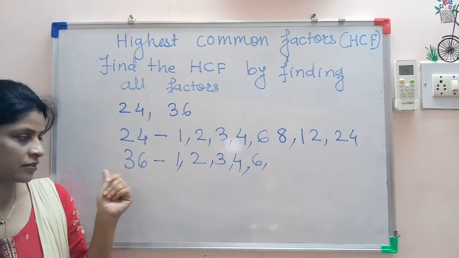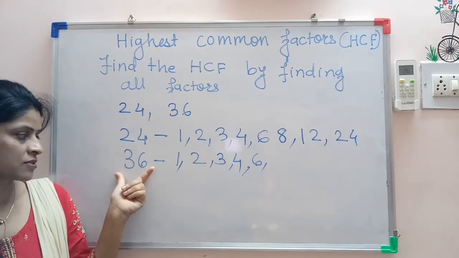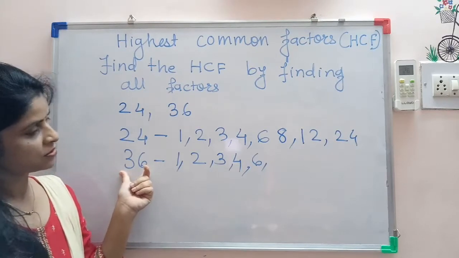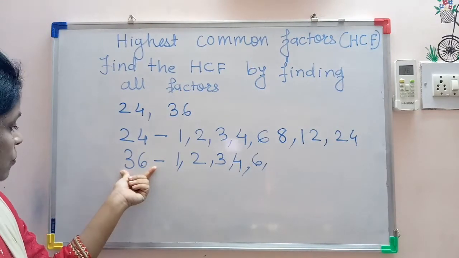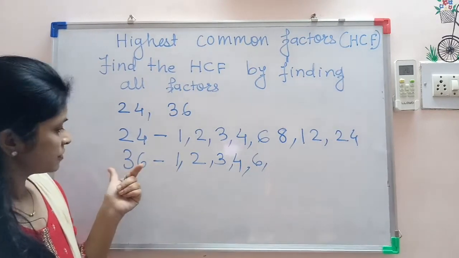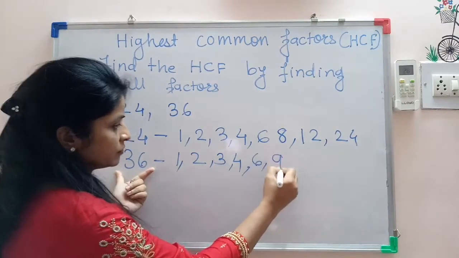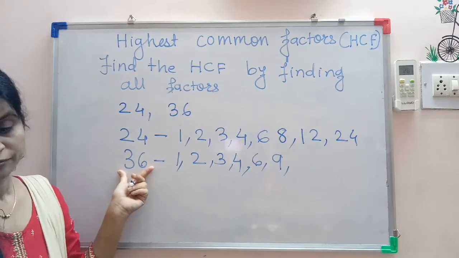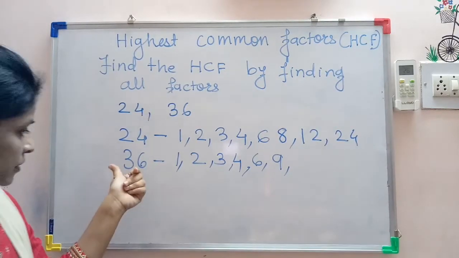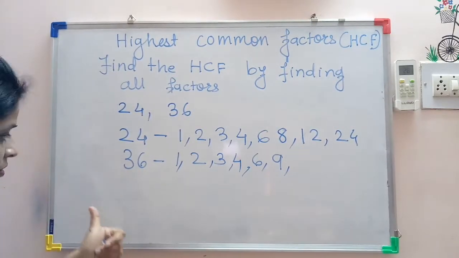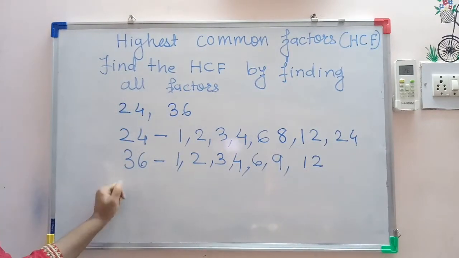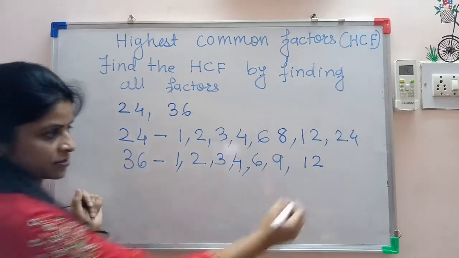After that 7 is not the factor. 8, no. 9, 9 4s are 36, so it is the factor. After that 11, no. 12, yes, 12 is also the factor. 12 3s are 36.